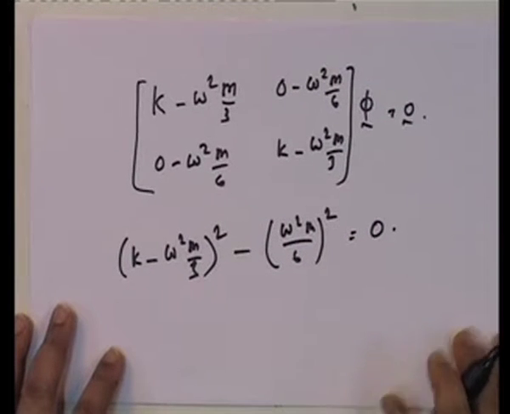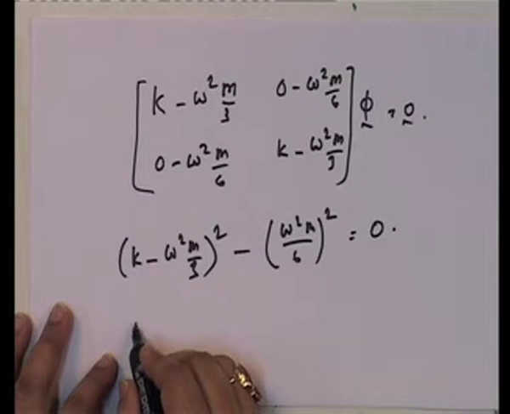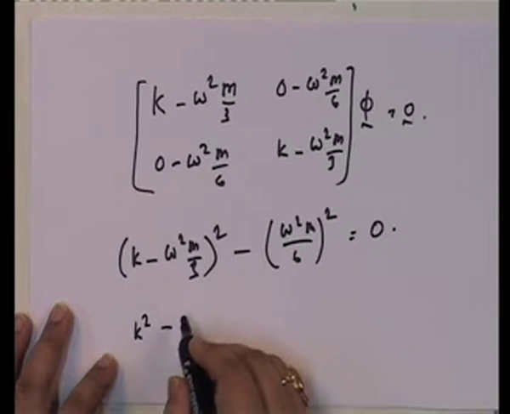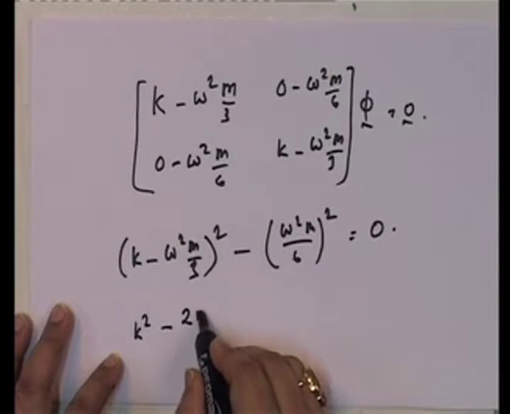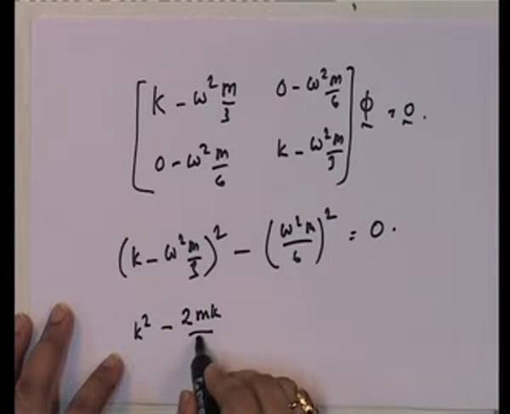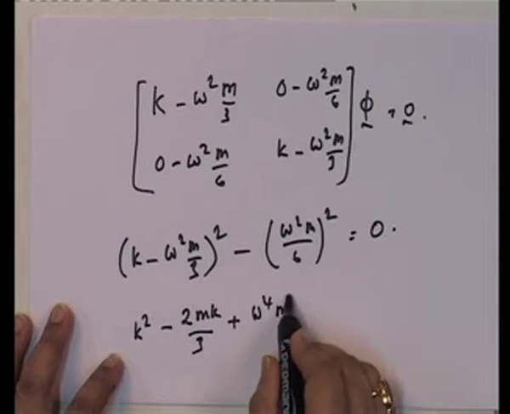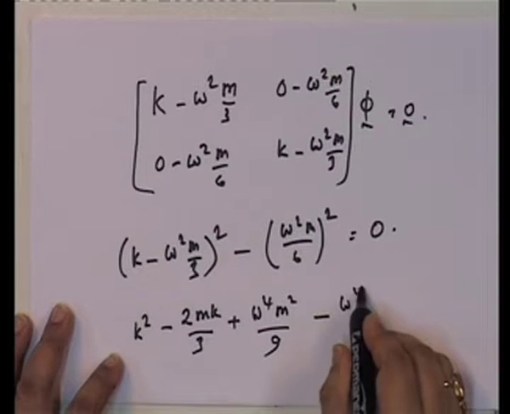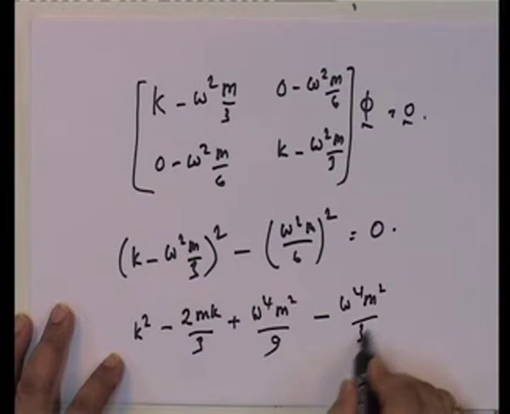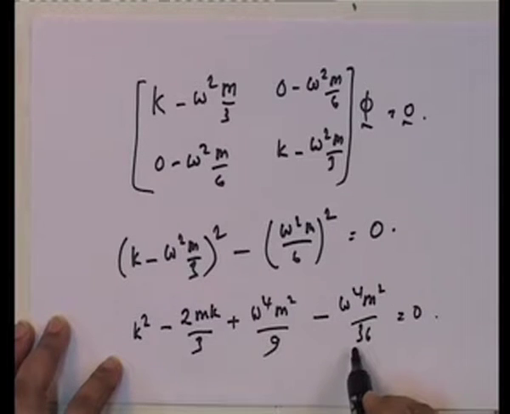Okay. So, now let us see what this comes out to be equal to. This turns out to be equal to k squared minus 2mk by 3 plus omega fourth m squared by 9 minus omega fourth m squared by 36 equal to 0. So, therefore, see this is 1 upon 9, 1 upon 36.